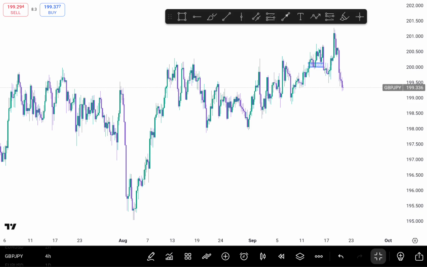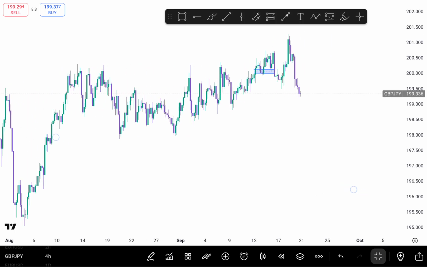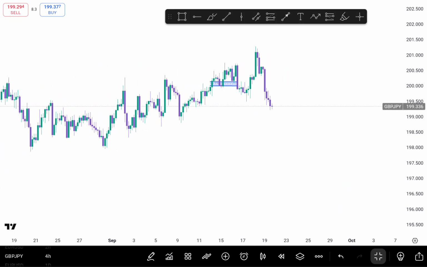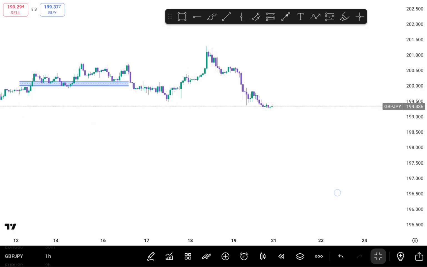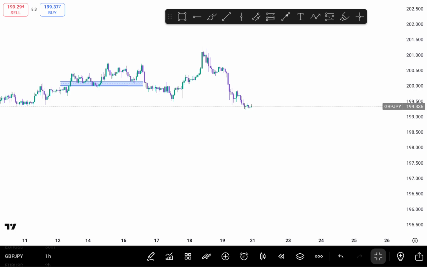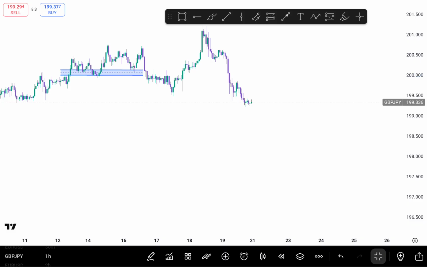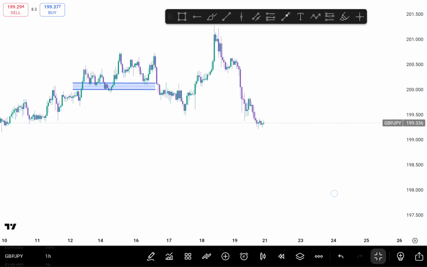And on the GBP/JPY, we also have this failed zone. Price broke out by some pips.